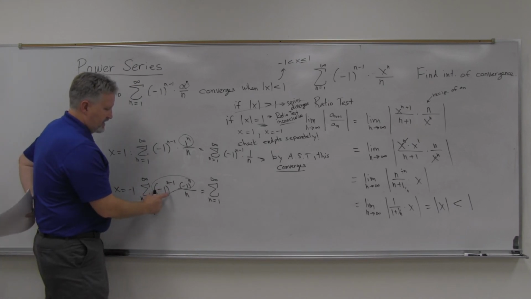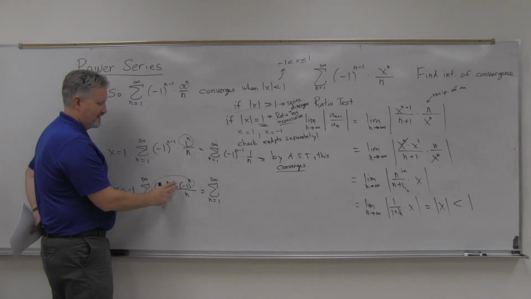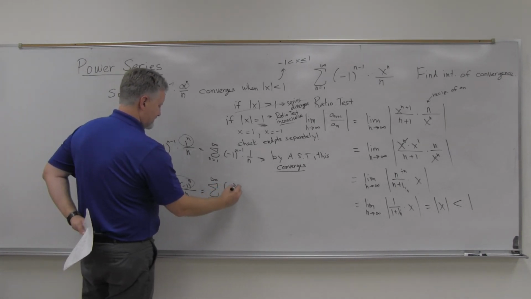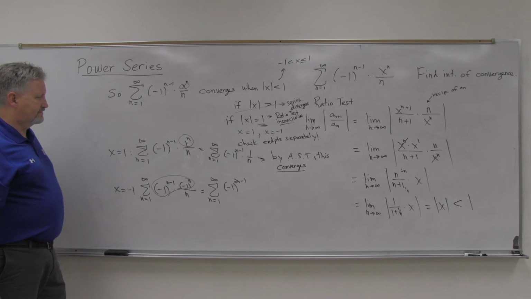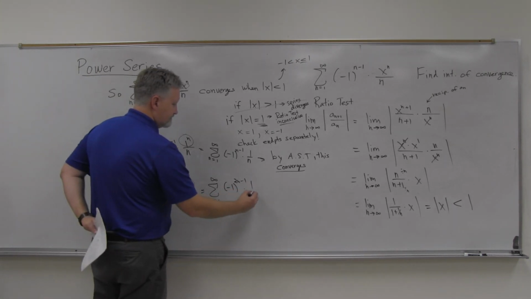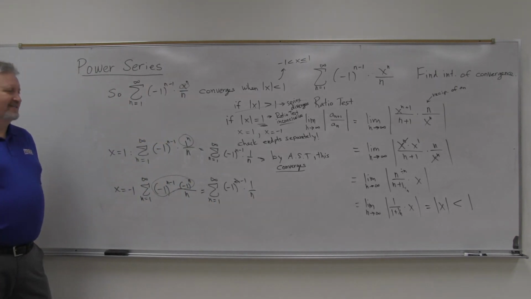So I've got the same base. If you have the same base, you can combine those by adding their exponents. We do that a lot. Which still may not help you much. You may just have to write out some terms to see what you've got.